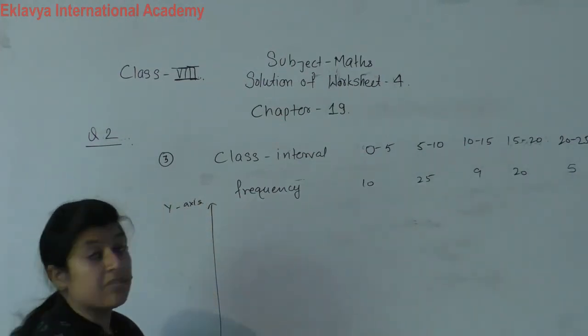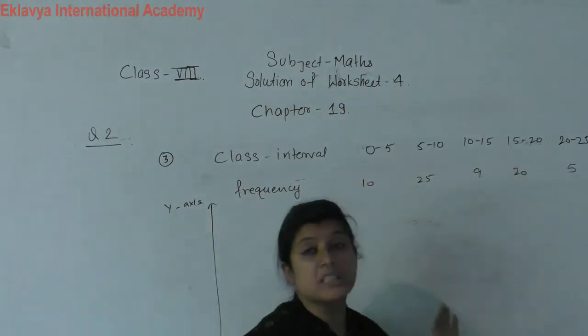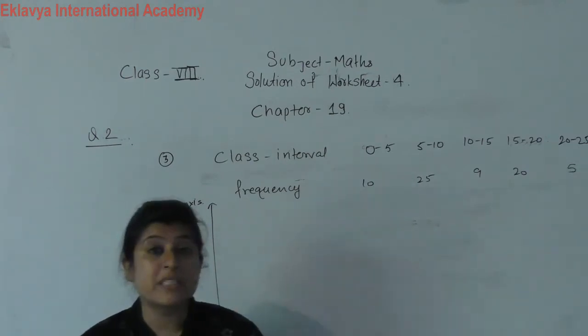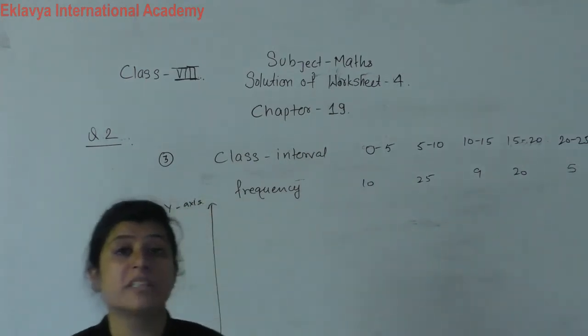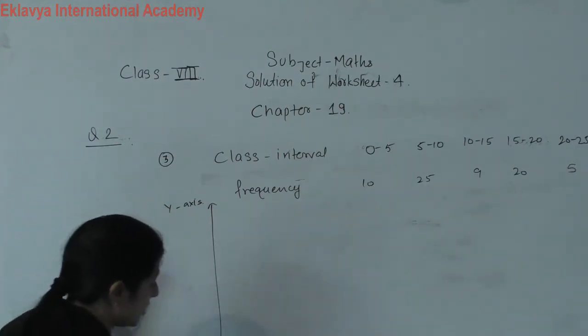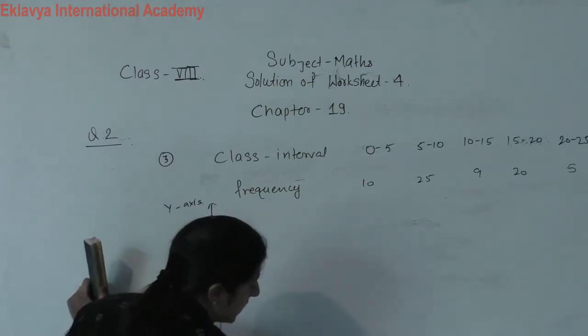In this graph, what is the difference? We need the continuous intervals 0 to 5, 5 to 10, 10 to 15 like this. It means whenever we draw a histogram, there is no space between the two intervals. That is 0, 5, 10, 15, 20, 25.